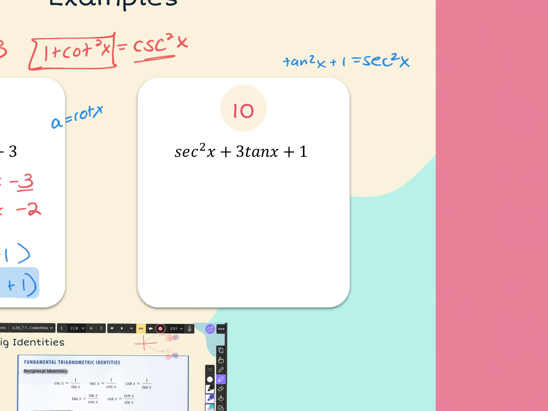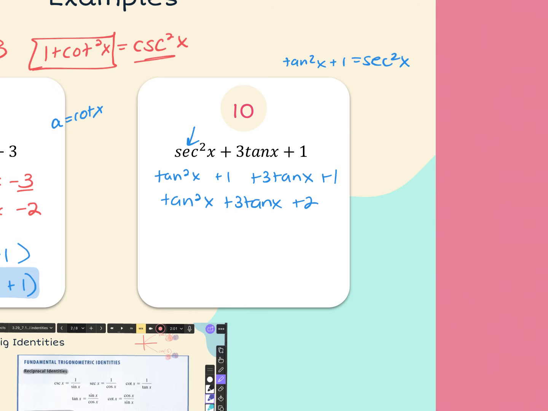So there's not a tangent squared in my little expression here, but there is a secant squared. So I'm going to replace that with tangent squared x plus 1 plus 3 tan x plus 1. Again, combine my like terms, tan squared x plus 3 tan x plus 2.